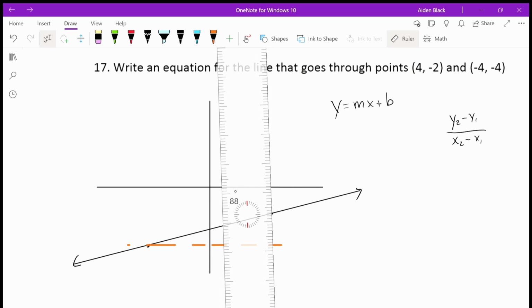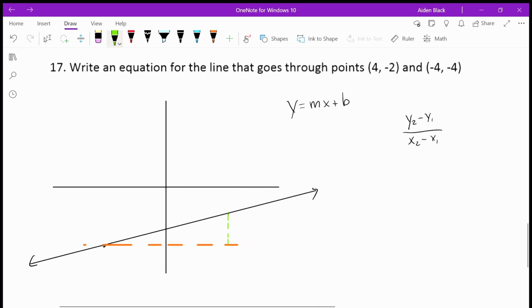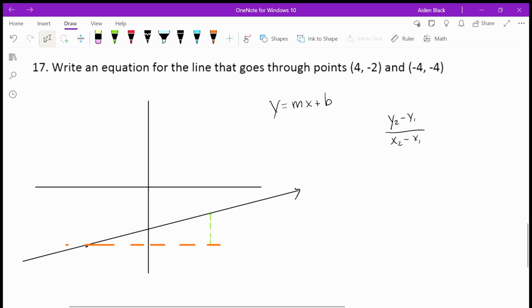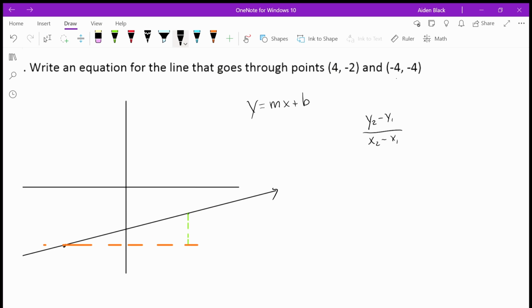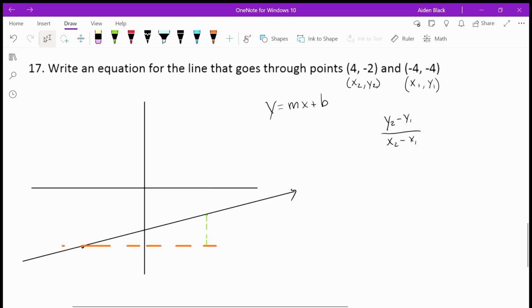You can count it up if you have a grid. So from left to right, remember, the point that's further to the left is your first point, so x1, y1. And our point further to the right is our x2, y2. So we can either plug these into the formula or we can count up.